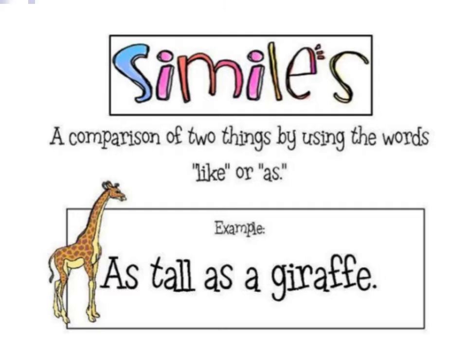Normally, if a child is really tall for her age or his age, we can say, oh, this child is as tall as a giraffe. So here we can see that tall is the common quality between the giraffe and the human being. Tall is the common quality.